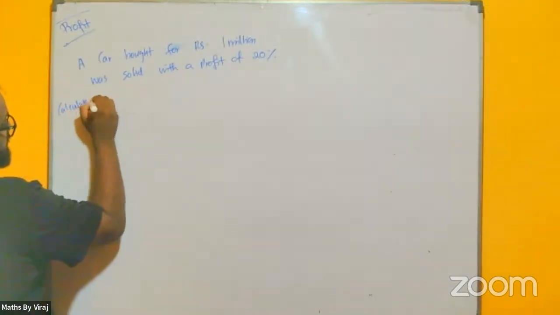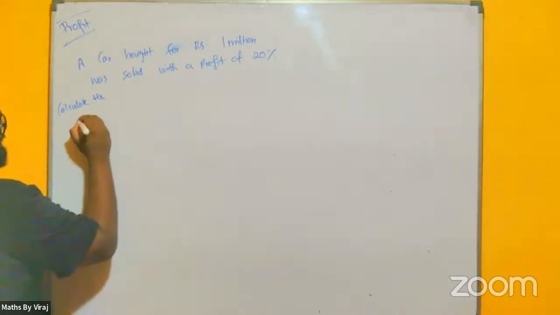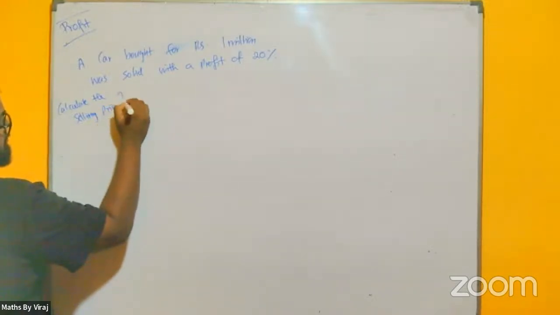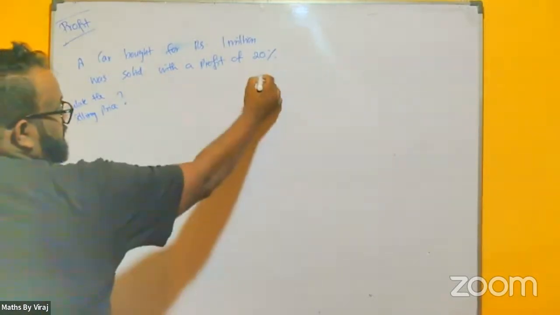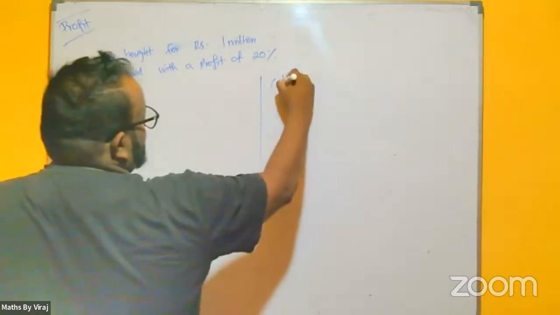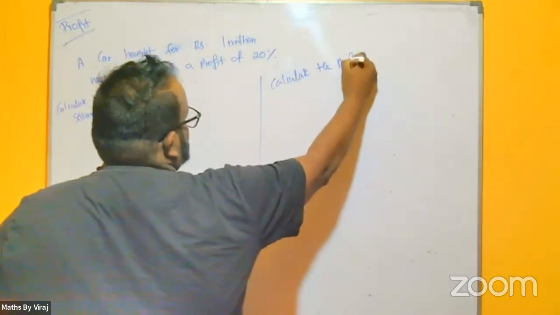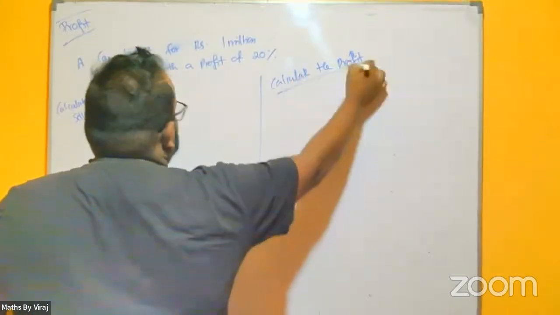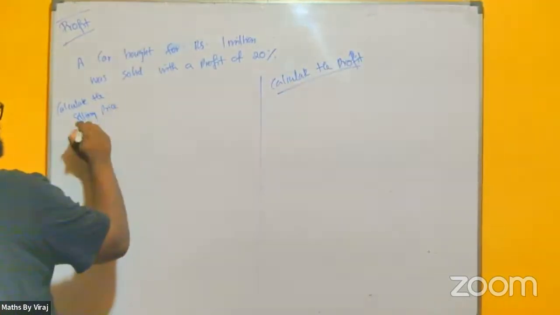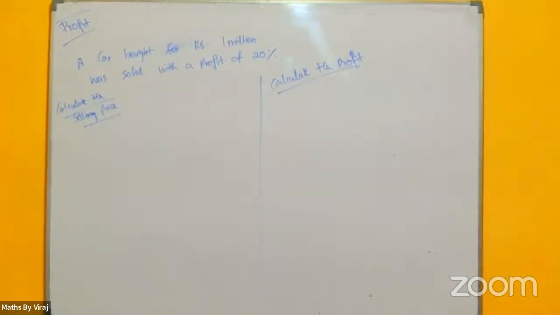Calculate the selling price, and calculate the profit. Calculate the selling price and calculate the profit. How do you do this, children?